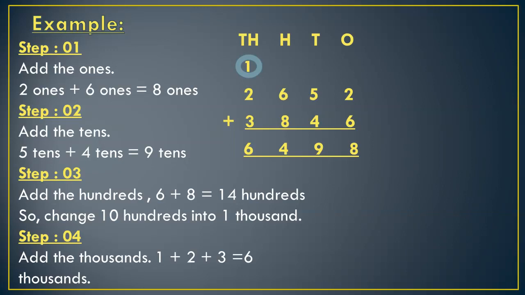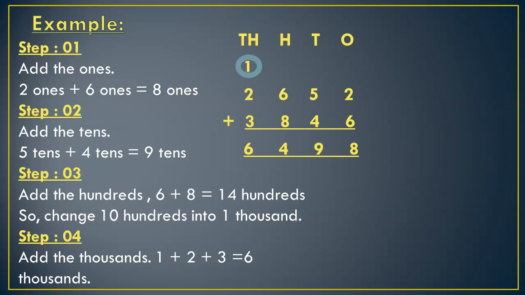Now we are going to take another example. 2652 plus 3846. Step number 1 is add the ones. 2 plus 6 is equal to 8. So we write 8. Move to next. Step number 2, add the tens. 5 plus 4 is equal to 9. Then step number 3 is add the hundreds. 6 plus 8 is equal to 14.